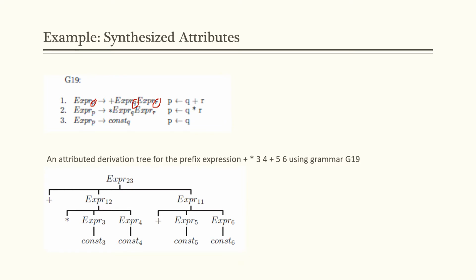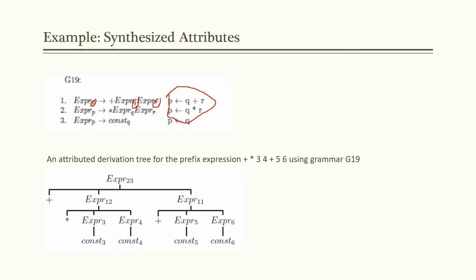We know that from this grammar we have expression goes to expression plus expression. We didn't know what the exact output of this grammar would be, so we add the attributes. If you look into the right part of the grammar here, this is what we call attribute rules.